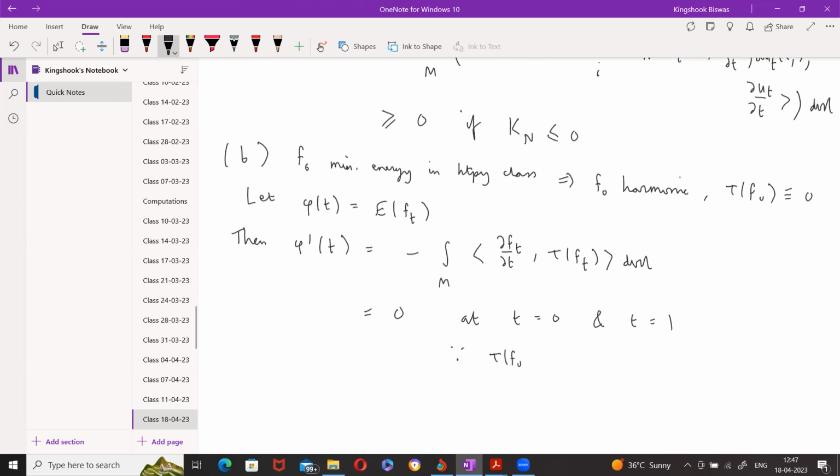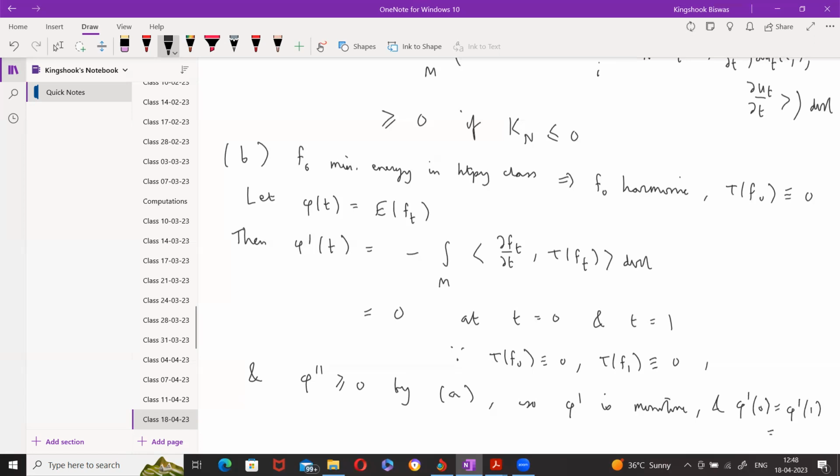And phi double prime is greater than or equal to 0 by part A. So phi prime is monotone, and phi prime of 0 equals phi prime of 1 equals 0.